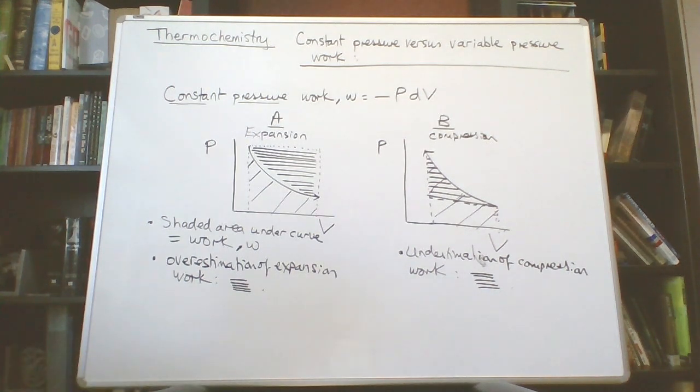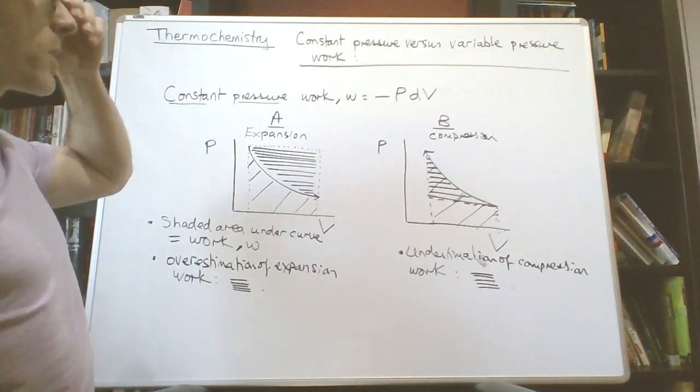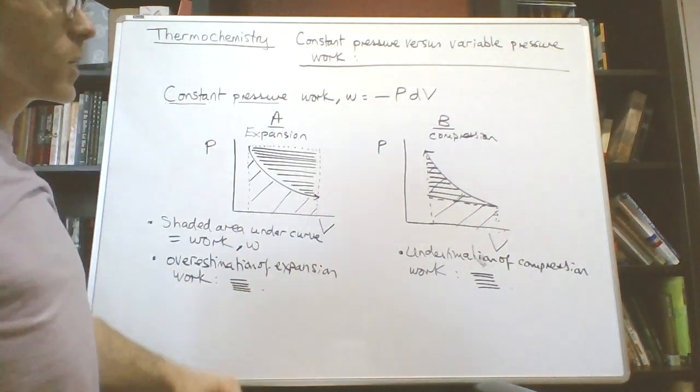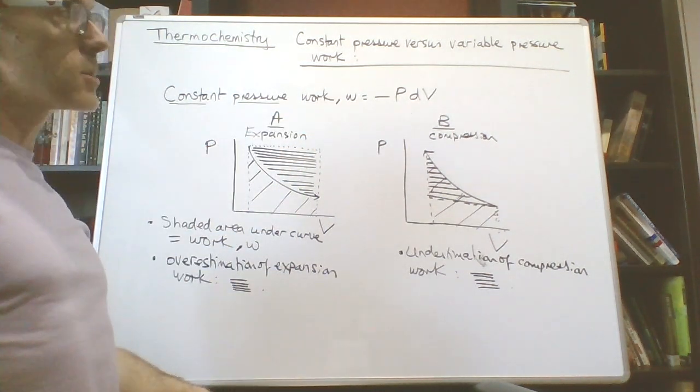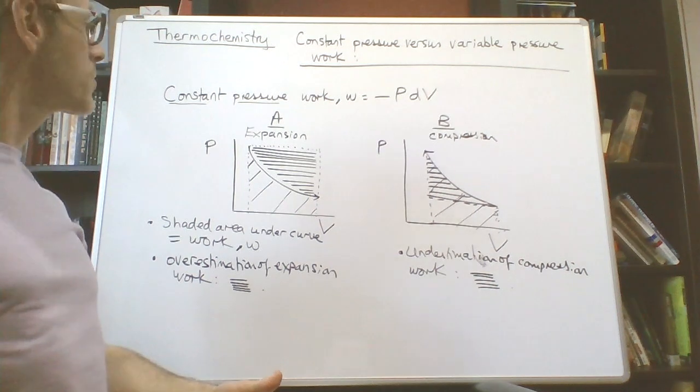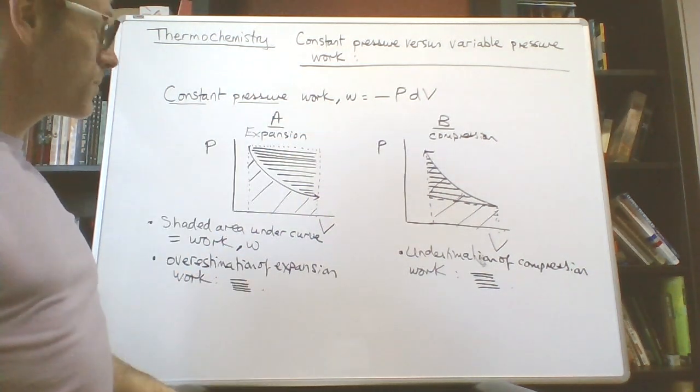So again, just to recap, what we're concerned about here, we're looking at the constant pressure work equation. Work is the negative of constant pressure by the change in volume. We can look at two scenarios, expansion and compression.